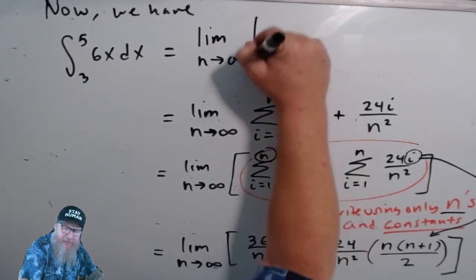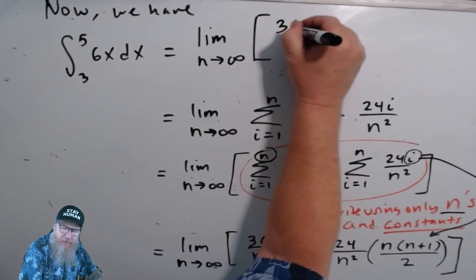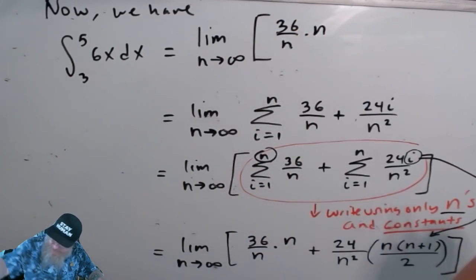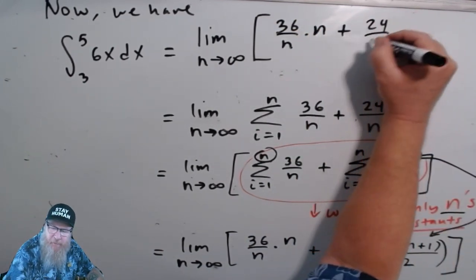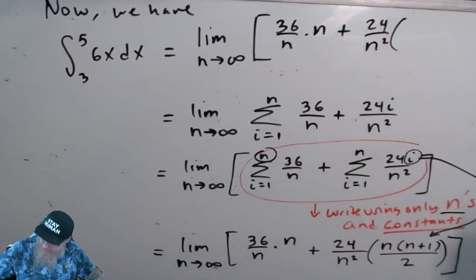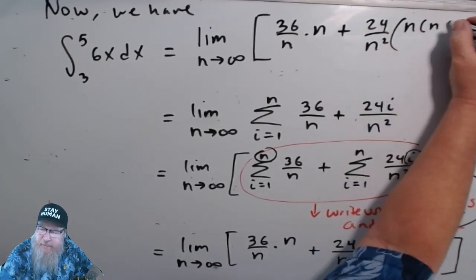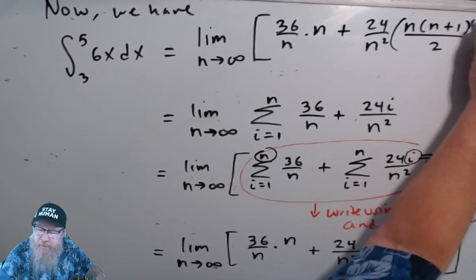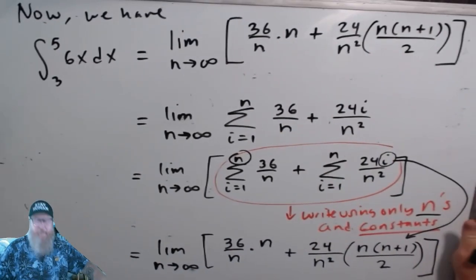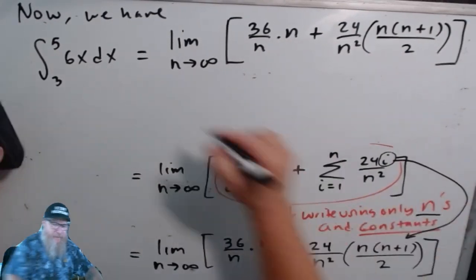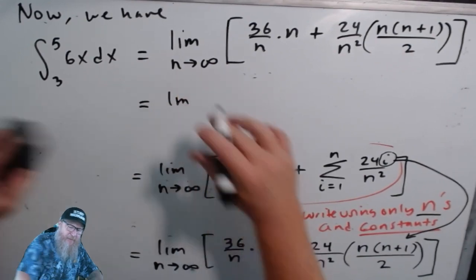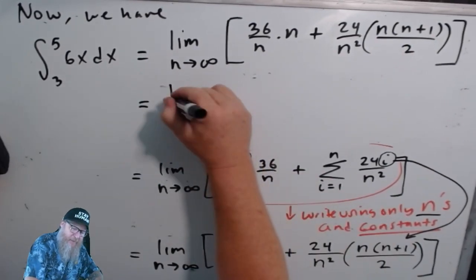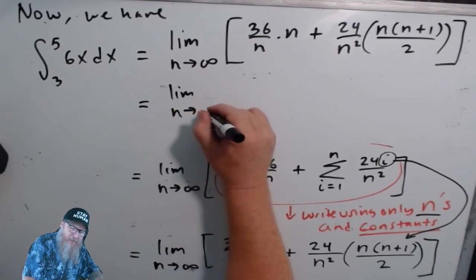I'm just going to copy this all one more time. 36 over n times n plus 24 over n squared times n plus 1 over 2, which is the limit as n goes to infinity.